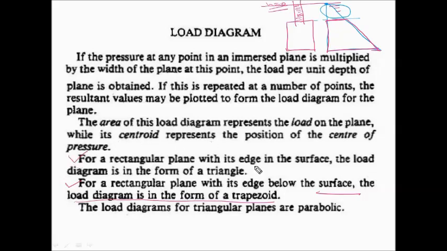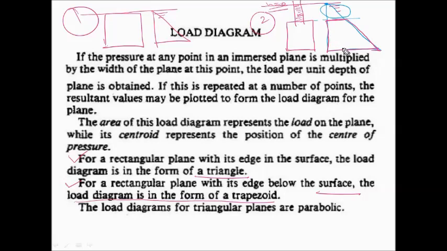And for the rectangular plane with its edge in the surface, the load diagram is in the form of a triangle, which we have seen just now. So the water surface is somewhere here, and the load diagram will be a complete triangle. But in the second case, the load diagram will be like a trapezoid.